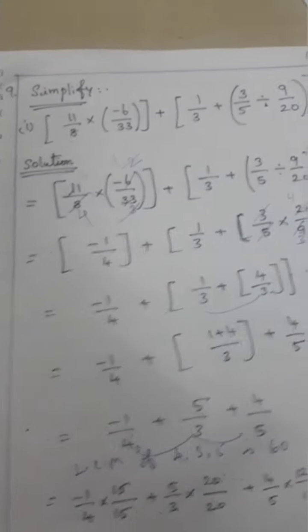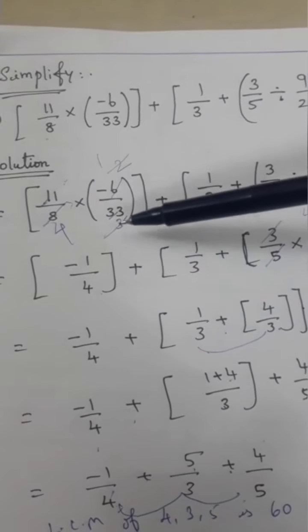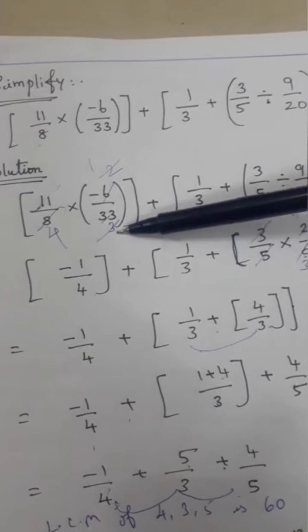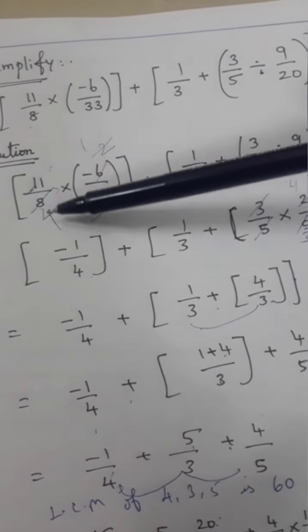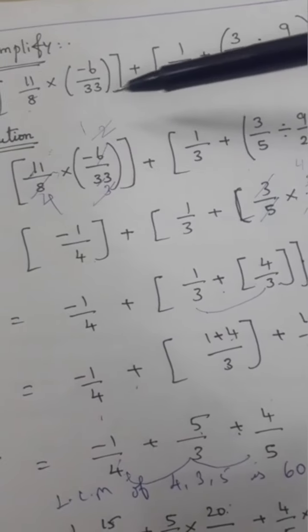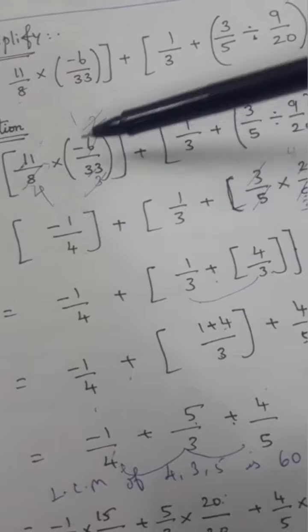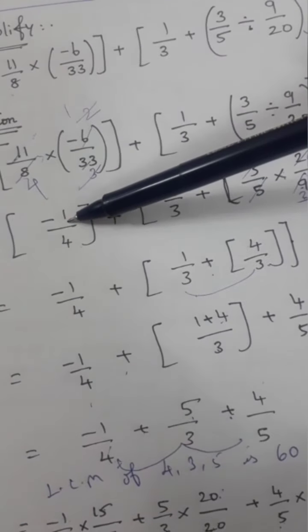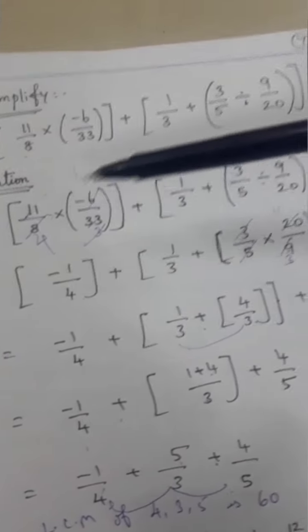See the first step, 11 by 8 into minus 6 by 33. 1 11 is 11, 3 11s are 33. First work. Next 1 3 is 3, 2 3s are 6. Next 1 2 is 2, 4 2s are 8. Numerator, what is the number? Only 1 is balance. Write 4 down. Minus 1, there is only minus, so write minus 1 by 4. First bracket work is completed.